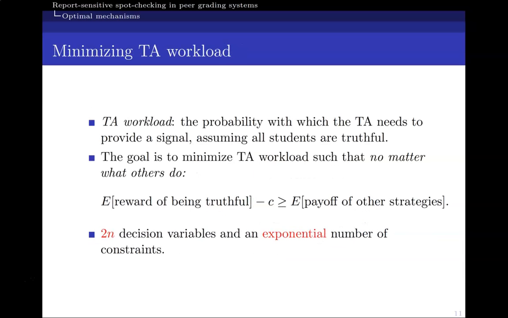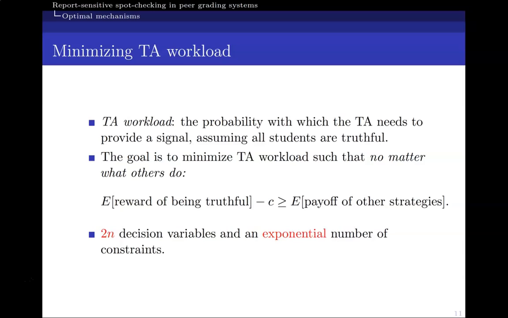As I mentioned before, we care about minimizing TA costs or TA workload. In the case of having only one assignment, the TA workload is basically the probability with which the TA needs to provide a signal, assuming all other students are truthful.